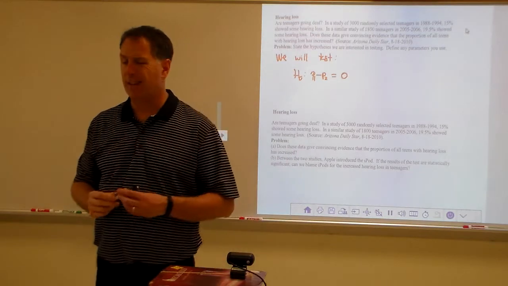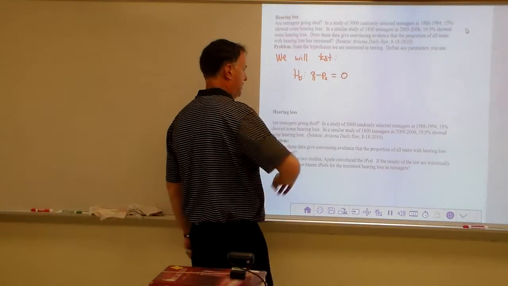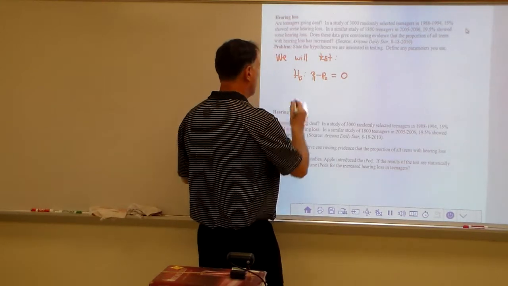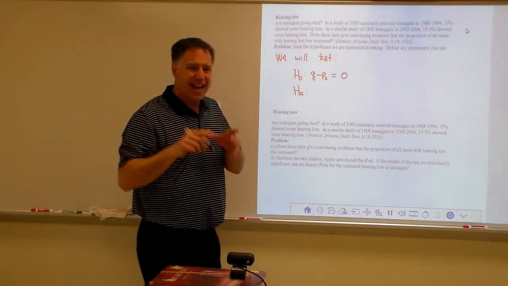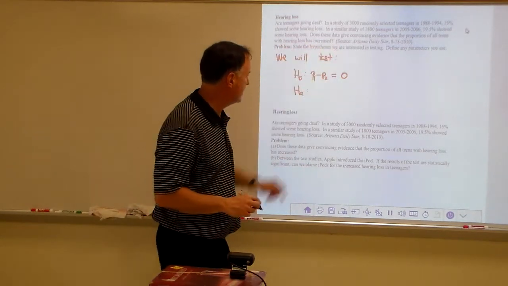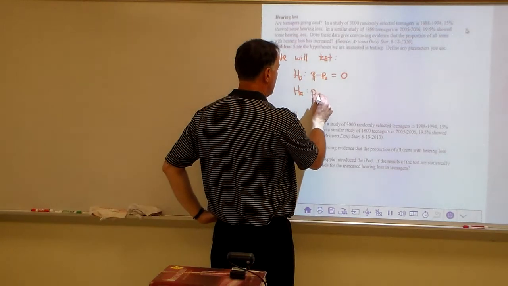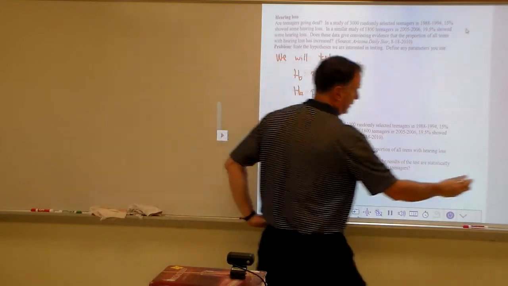We're going to label P1 and P2 in a minute, but your null hypothesis is that there's no change. Your alternate hypothesis is that hearing loss has increased. So we would say P1 minus P2 is greater than 0, not equal. That's a mistake.